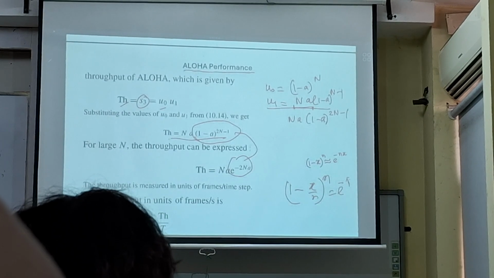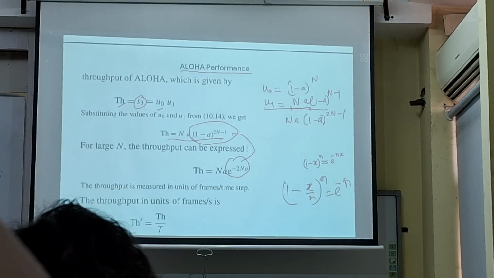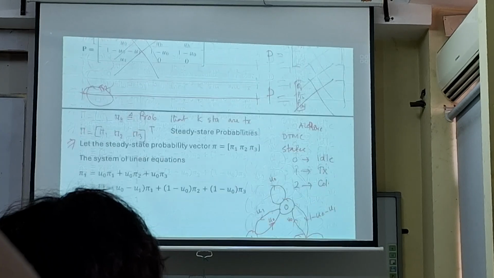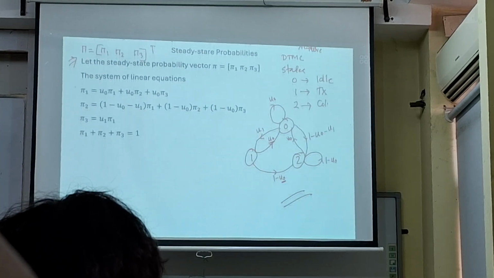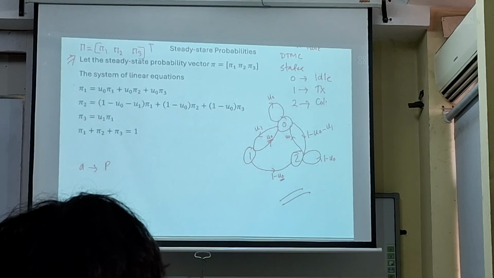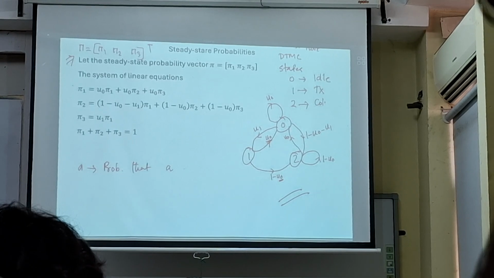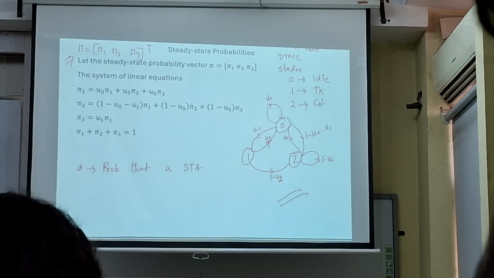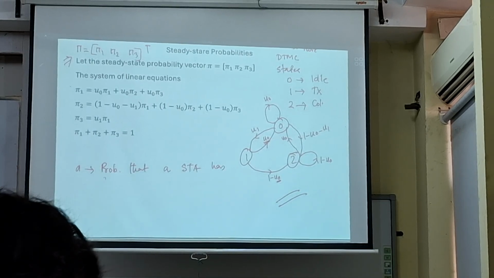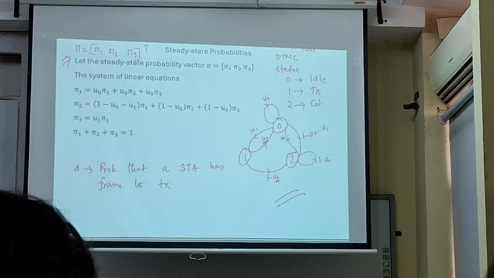What is small a? Right? What is small a? We call a the probability that a station has a frame to transmit.